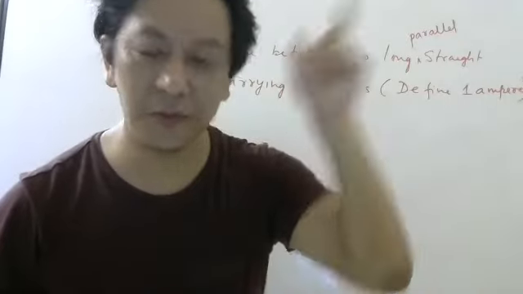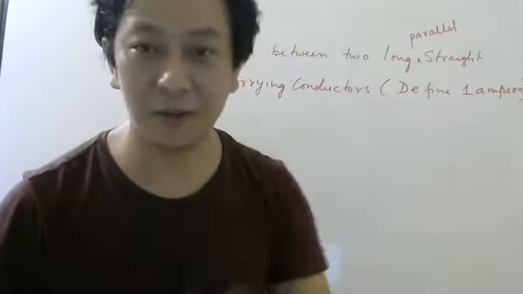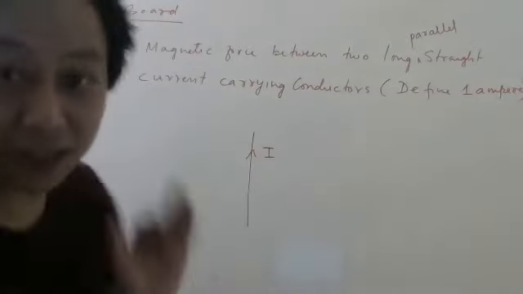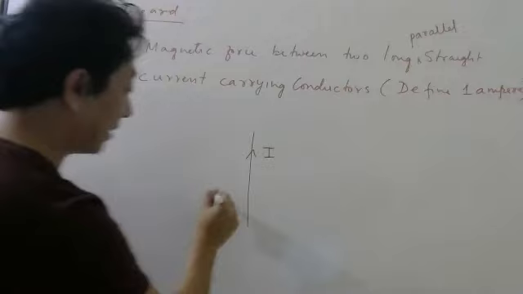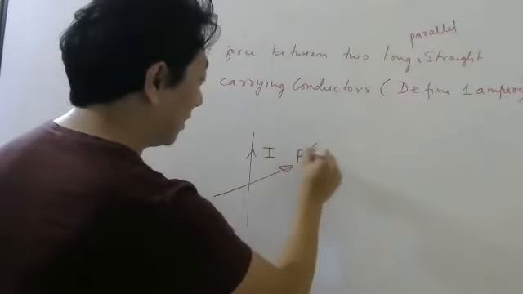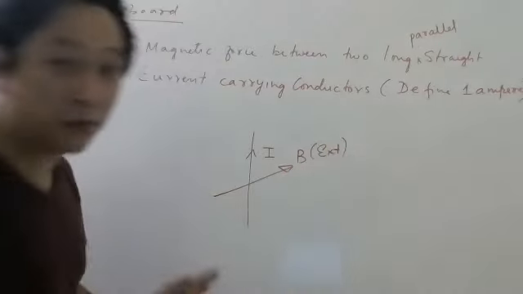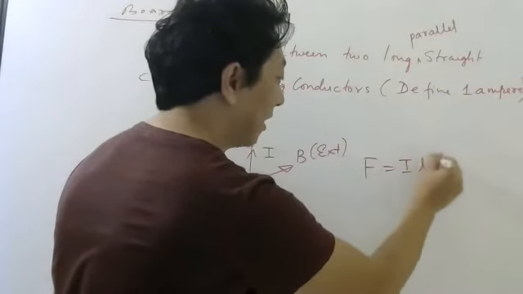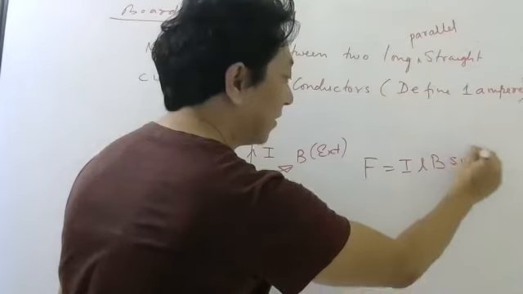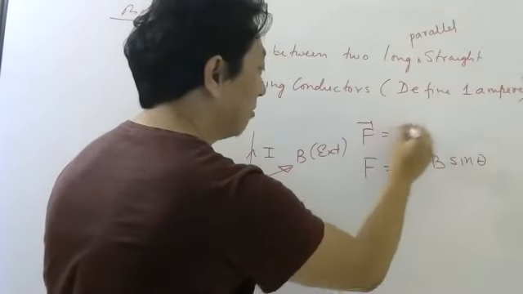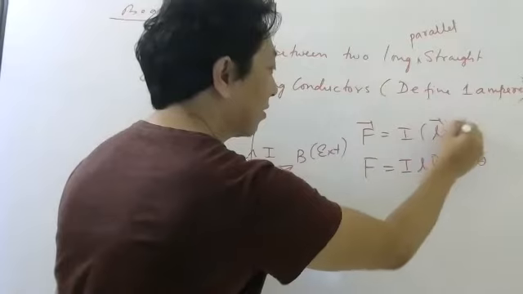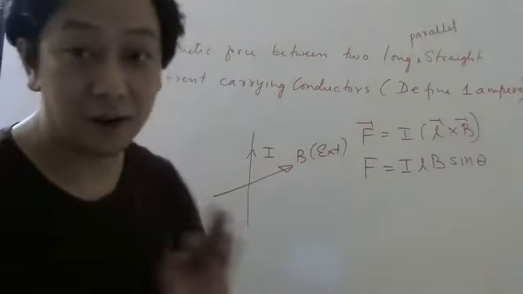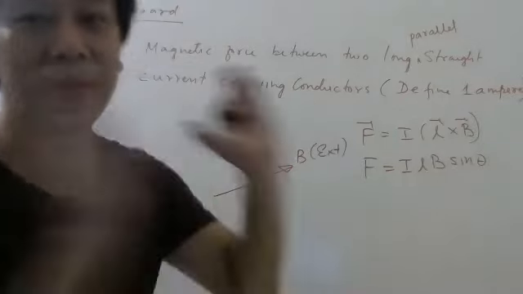On the first few days when I started this chapter, I told you that if there is a current carrying wire in an external magnetic field, then that wire will experience a force, and the magnitude is ILB sine theta. Direction should be found from the cross product L bar cross B bar. Correct or not?